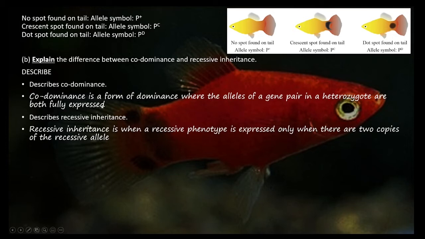Remember co, and we remember it as the cow dominance, where we have the black and white cow. You can see both areas dominant, but they are not in the same areas.